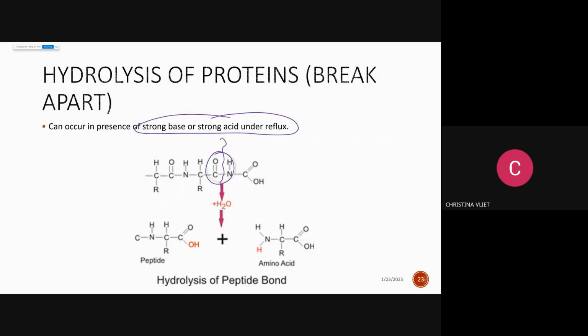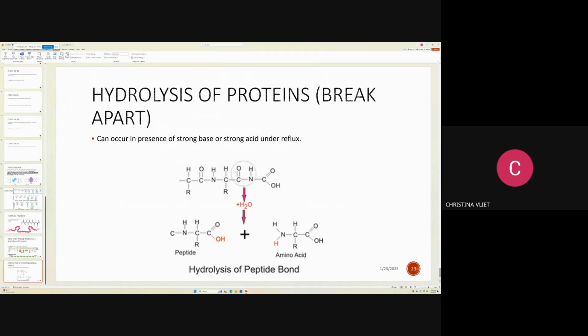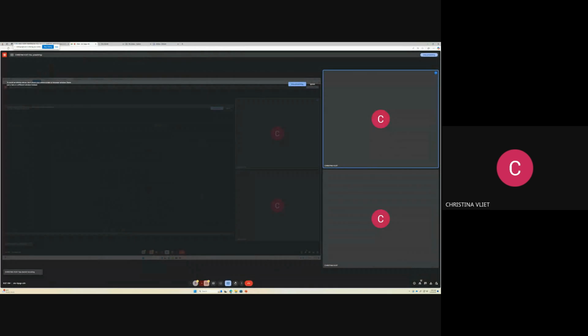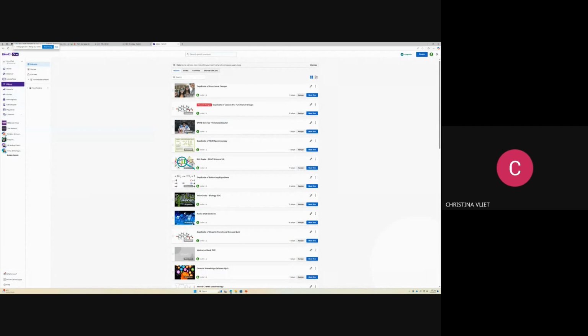So let's see if we can pull up a quick game on functional groups. I had bought a full Kahoot subscription in December, because I want to test something out. And so there are actually different game modes in Kahoot that I've never seen before.